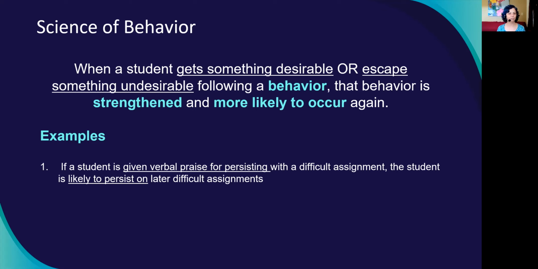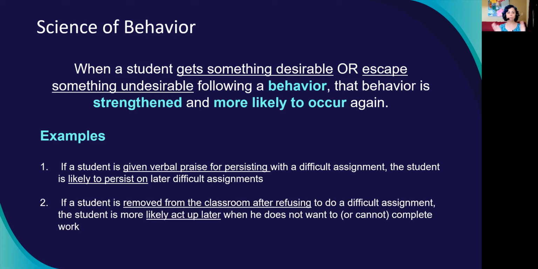Giving that positive reinforcement. However, it's also easy to inadvertently strengthen an inappropriate behavior by providing reinforcement that we might have thought was a punishment. So let's look at example number 2. If a student is removed from the classroom after they refuse to do a difficult assignment, the student is more likely to act up later when he doesn't want to or can't complete the work, right?